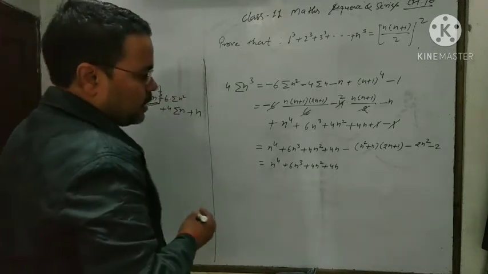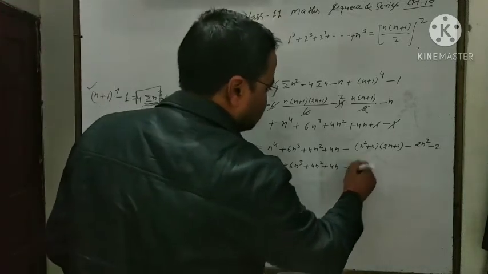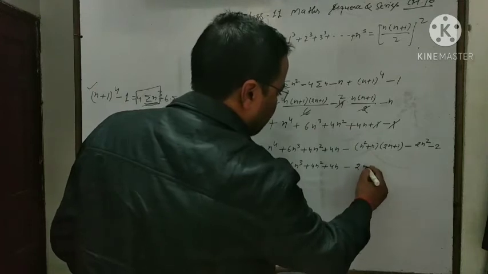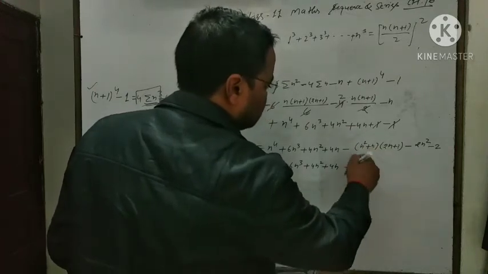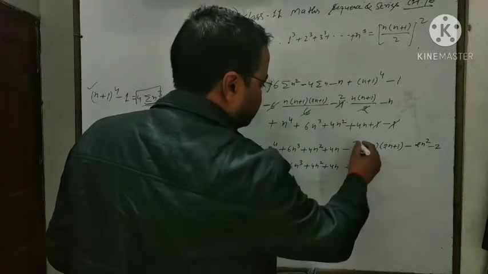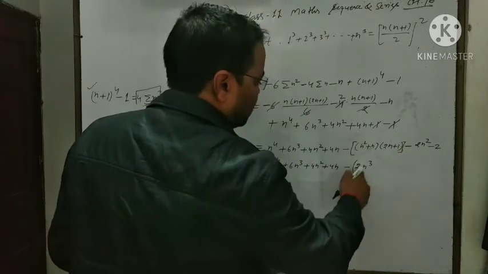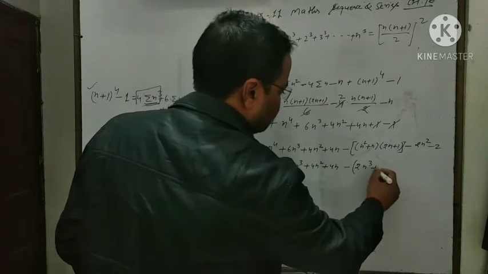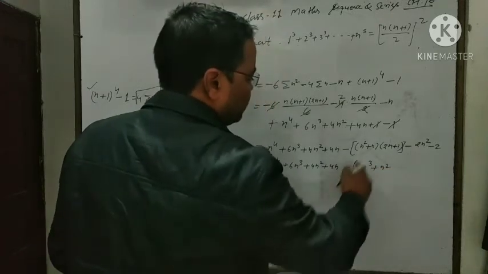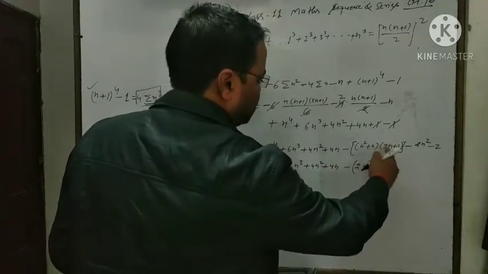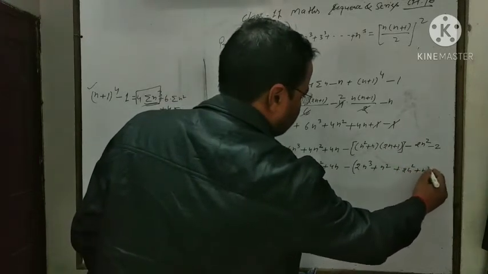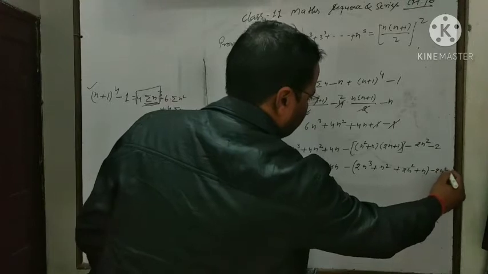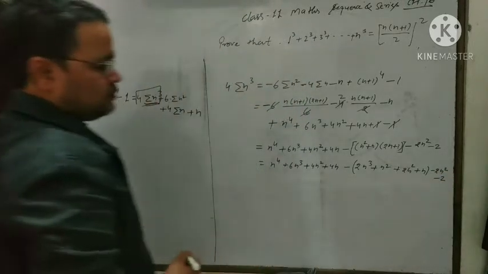And after that, if we multiply this, then it will be 2n cube. Multiply this and this in the bracket. 2n cube plus n square, 2n cube plus n square plus 2n square plus n, and here 2n square minus 2. Okay.